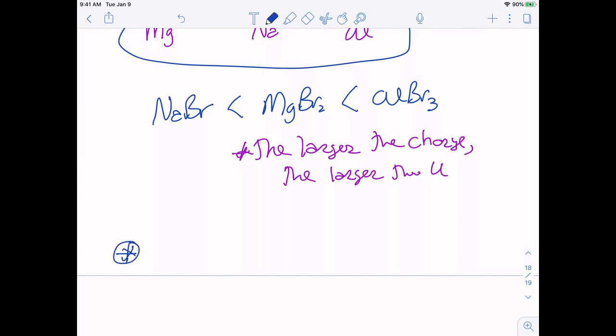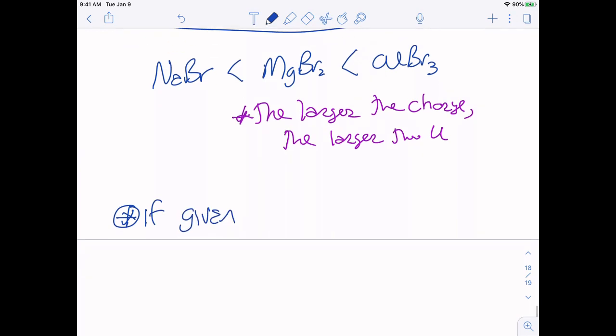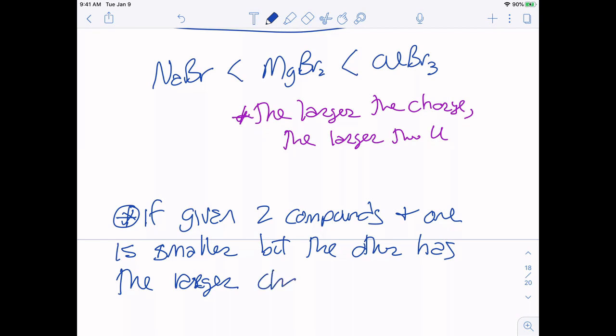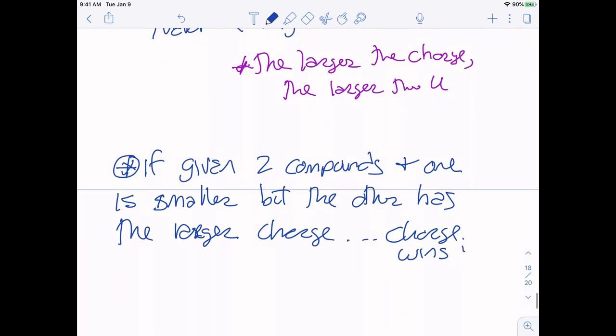So if given, and I'll give you an example here, a couple compounds, 2 compounds, and one is smaller, but the other has the larger charge, charge wins. So the one with the bigger charge is going to have the higher lattice energy.